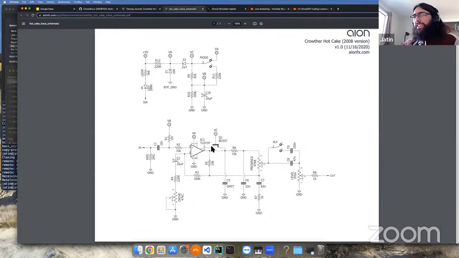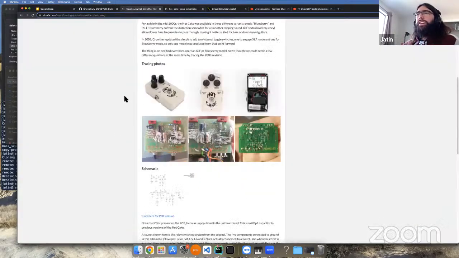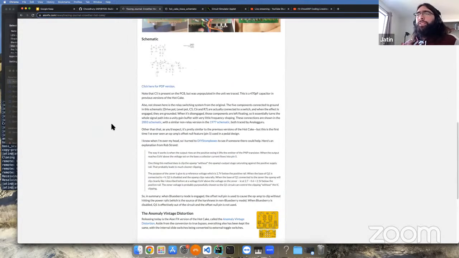And then this system here is a bit strange, and I'd never seen something like that before, and I felt a little bit better because as I was reading this article, it seemed that the fellow who was doing the trace for this pedal seemed to have the same experience, where it's like, oh, that's a weird thing that I haven't seen before.